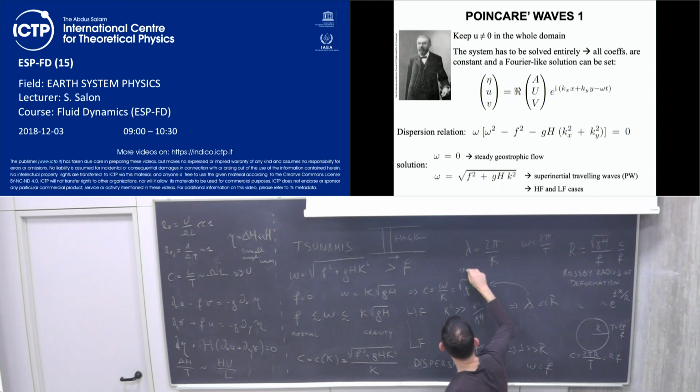So we have 10 multiplied by 4 times 10 to the 3, so 40,000, whose square root is 200 meters per second.